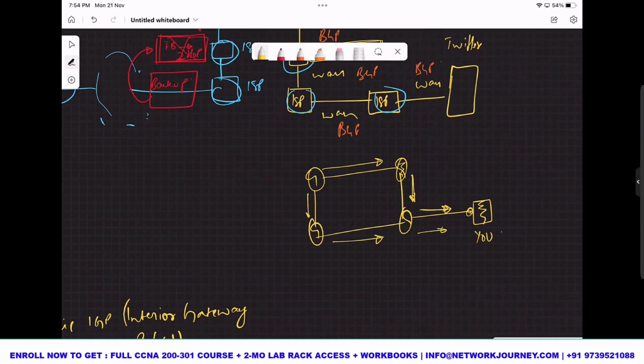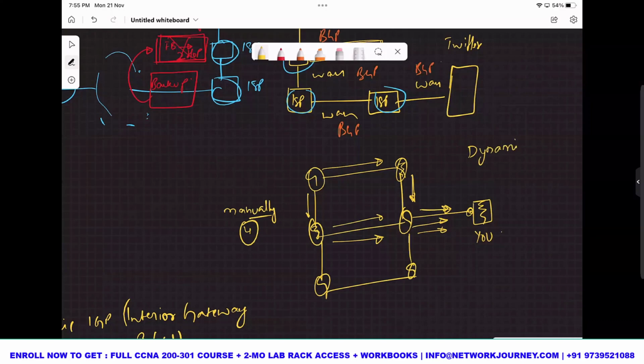The same goes on this side. You will say you can reach via this because it is the shortest path instead of that. So this is all done manually on all 3 to 4 routers. If you have many more routers, you will spend unwanted time writing manual routes. That is why we bring up the concept of dynamic routing.